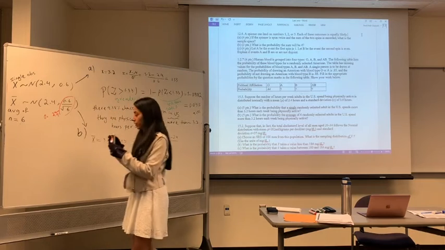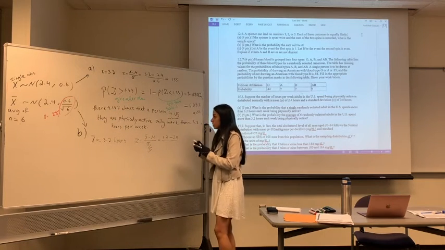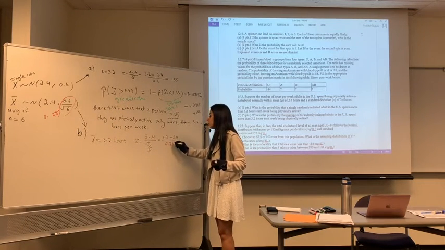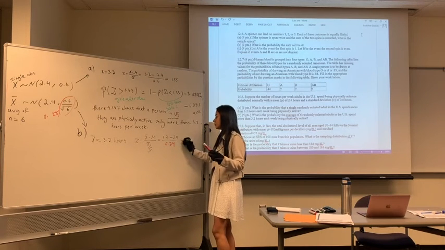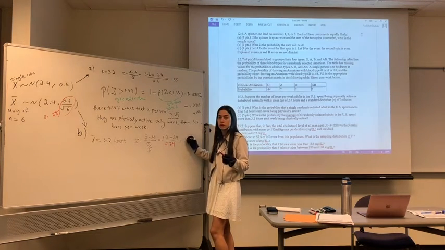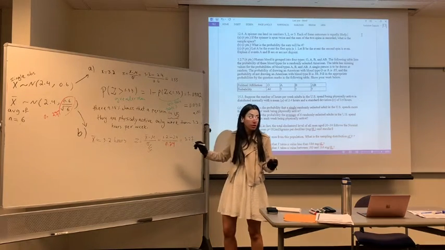0.24. Okay. So what is the final answer for Z value? 3.27. Okay.